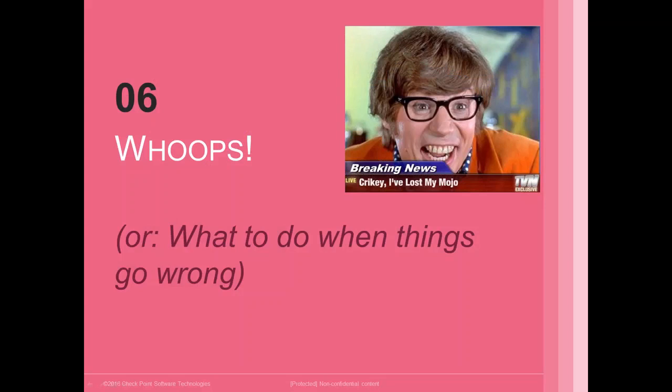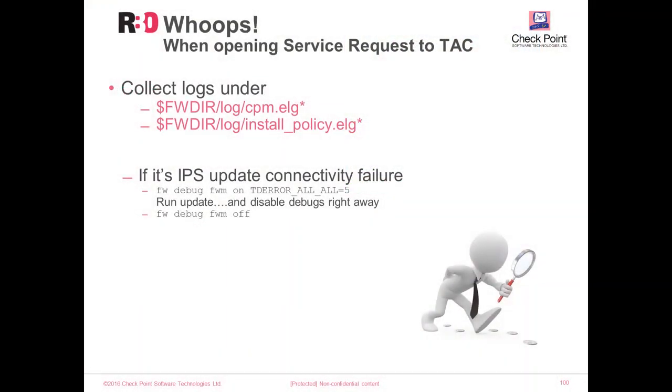Whoops, what should I do when things go wrong when working with the threat prevention policy? First of all, on opening a service request to the Technical Assistance Center, you should always send a cpinfo file. But in addition to that, you can also collect the logs under cpm.elg and install_policy.elg.